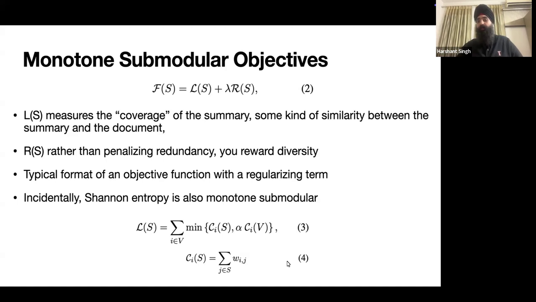It doesn't matter what similarity measure you use, the function would still be submodular. This form is taken because it gives better results. But when alpha is equal to 1, it reduces to the similarity measure, something like the average similarity of the summary to the document.